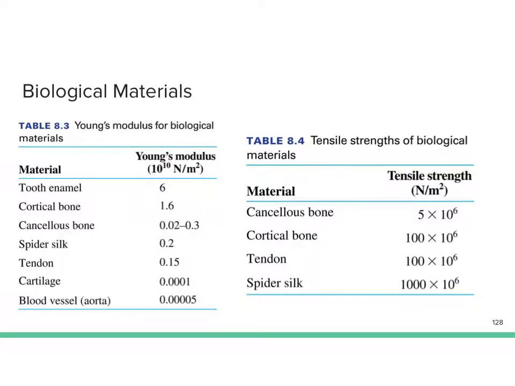Different things in your body have different Young's moduli, which means they break at different forces. So when you're looking at things like your bones, there is some force that they can undergo over their cross-sectional area before they snap. And this is important for understanding things like collisions with people, so we can understand how much force can be applied to them, especially in things like football.